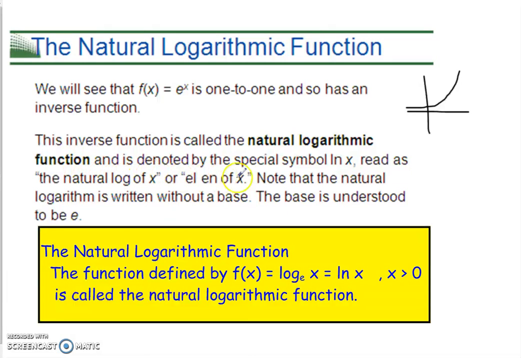of x. Note that the natural log is written without a base, just like log of 27 is equal to log base 10 of 27. We just don't write it in there. Same thing with the natural log of x.